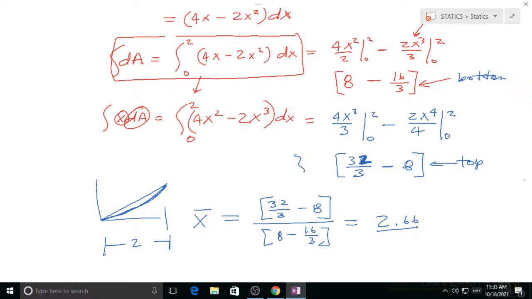So 16 divided by 3, 8 minus 16 divided by 3 is 2.66, which goes on the bottom. We put 2.66 on the bottom and the top two. That kind of makes sense because I was sitting there thinking it's symmetric. Both the parabola and this are symmetric about that, so the centroid would sit right at 1, which is weird and bizarre. But when I was looking at it, yeah, I could see that happening.